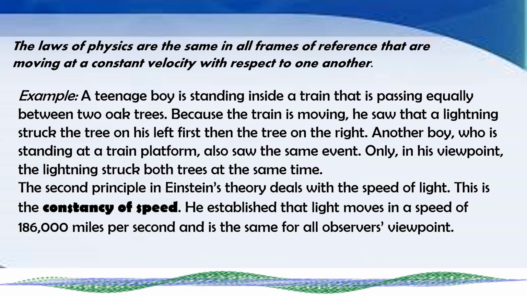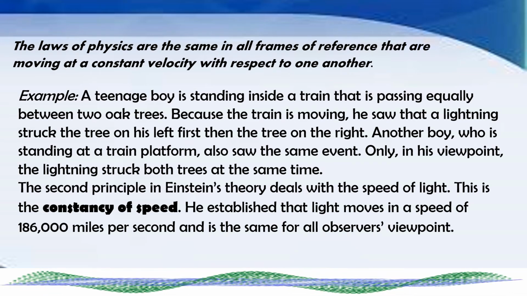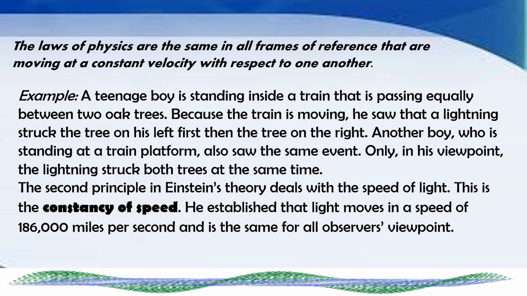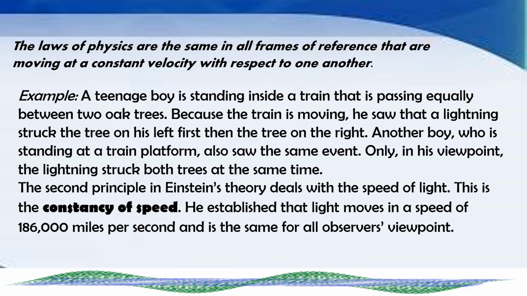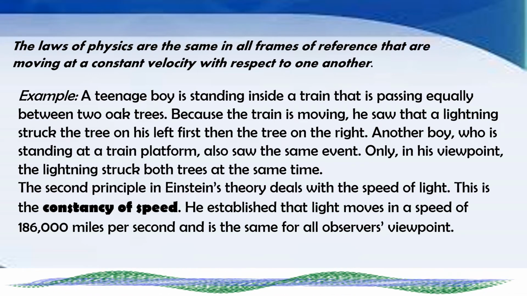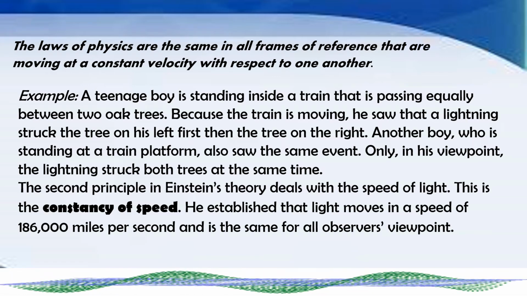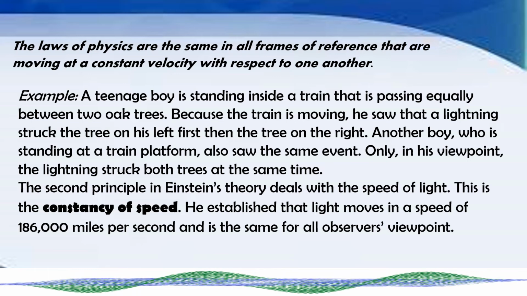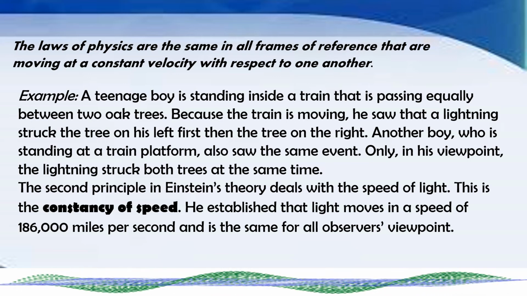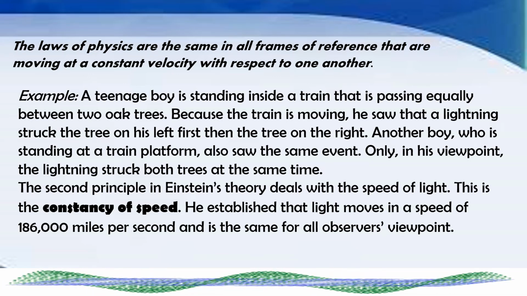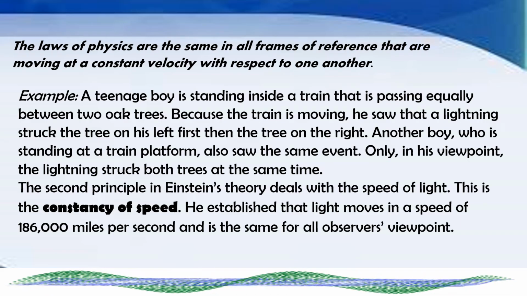Okay? So the second principle in Einstein's theory deals with the speed of light. This is the constancy of speed. He established that light moves at a speed of 186,000 miles per second, and it is the same for all observers' viewpoints.